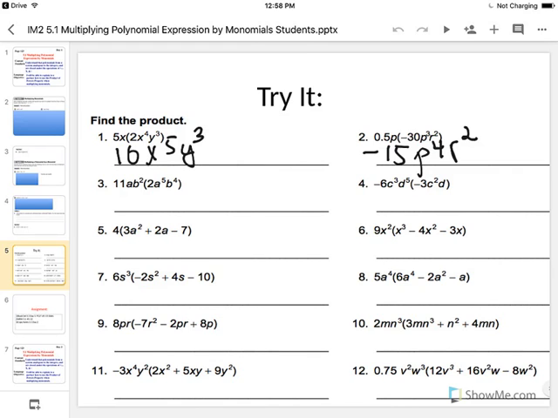Number 3, a monomial times a monomial. And number 4, a monomial times a monomial.